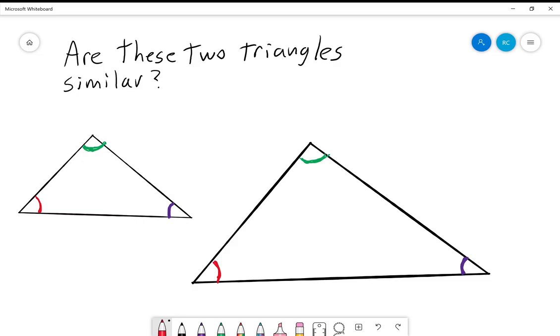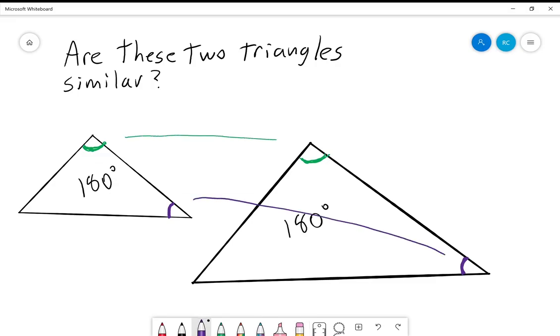And in fact, because all triangles add up to 180 degrees, we actually only need two of the angles, because if these two angles are congruent and these two angles are congruent and both triangles add up to 180 degrees, then we know by default, without having to say it, that these two angles are congruent.